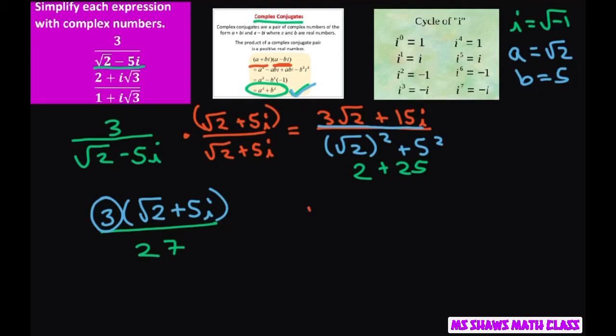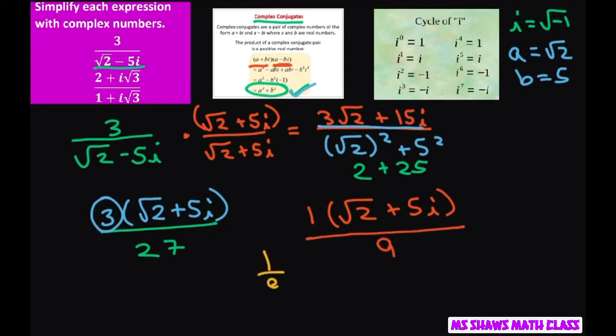So this would be 1 times square root of 2 plus 5i divided by 9. And the best way to write that is 1/9 times square root of 2 plus 5i.